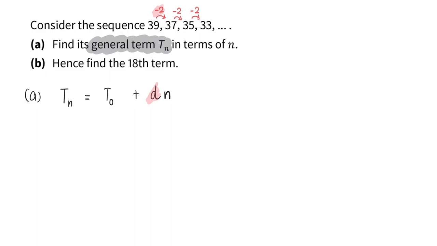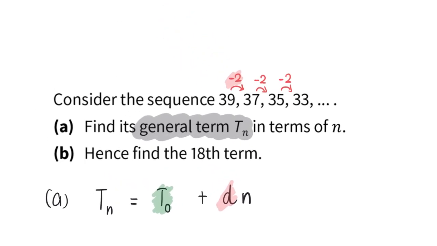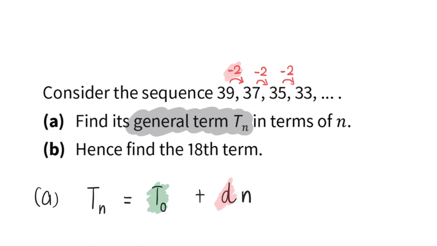Okay, so we have successfully got a D. What about my T0? Okay, T0, all we have to do is to, let me just zoom out first so that it's easier. So for T0, the 0th term, this is my first term. First term is 39. So my T0 is this term here, that if I minus 2, I will get my 39. So what number would that be?